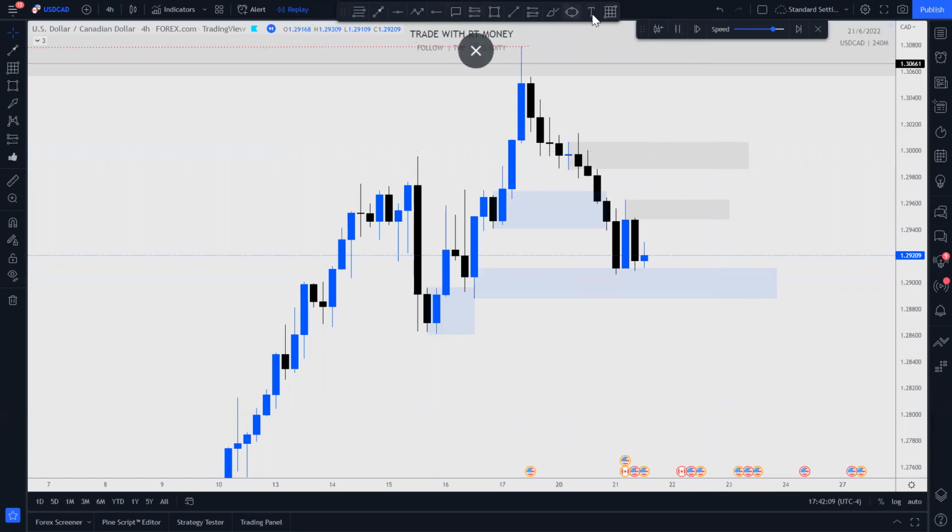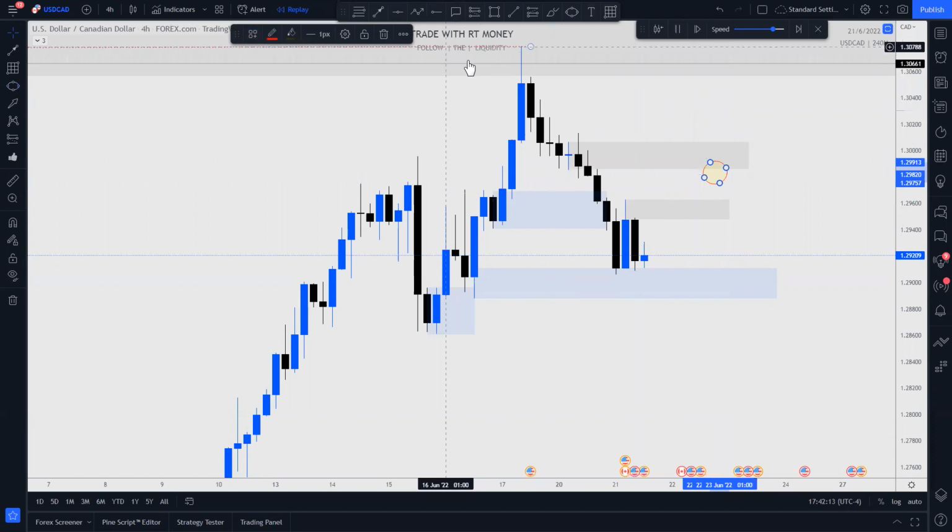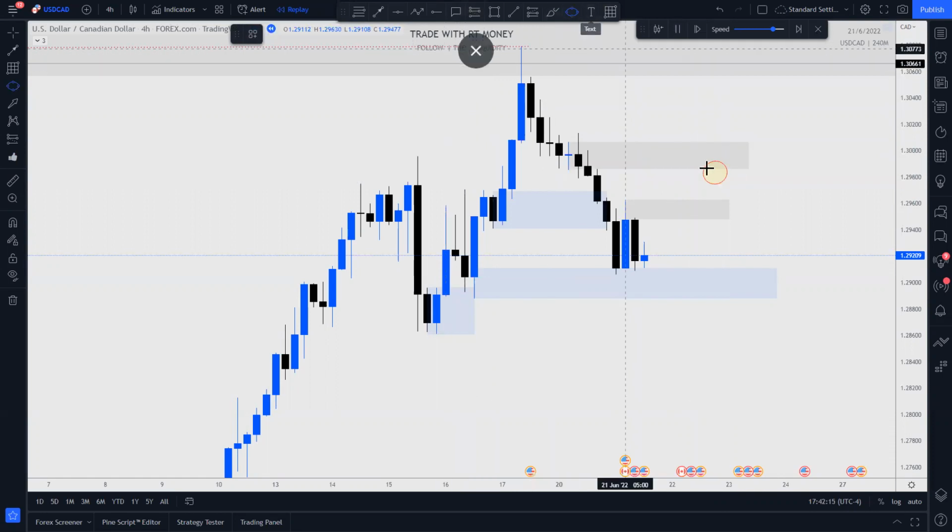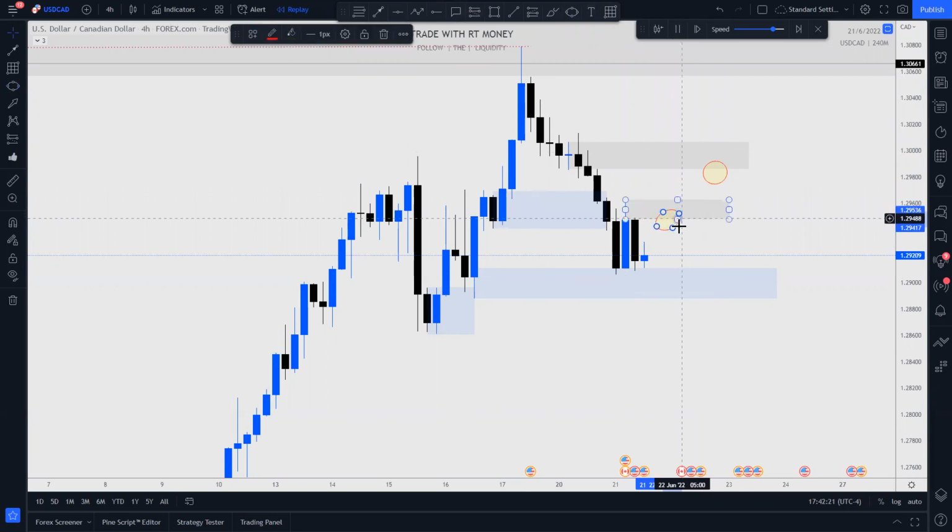So we have a couple of zones to look at. If price gives us what we need here, we can take that short, no problem.